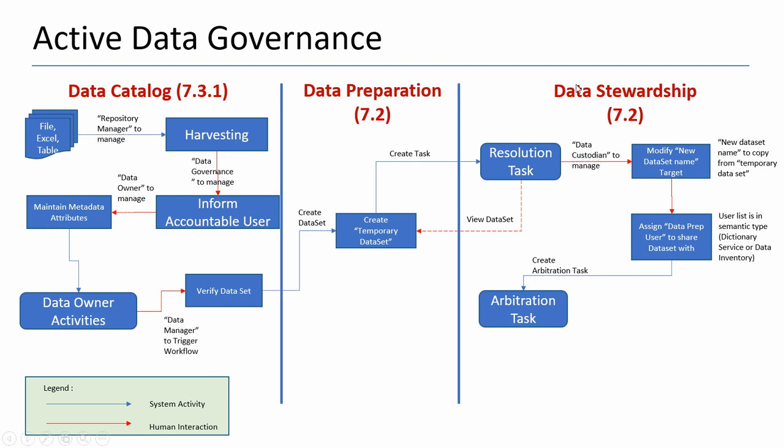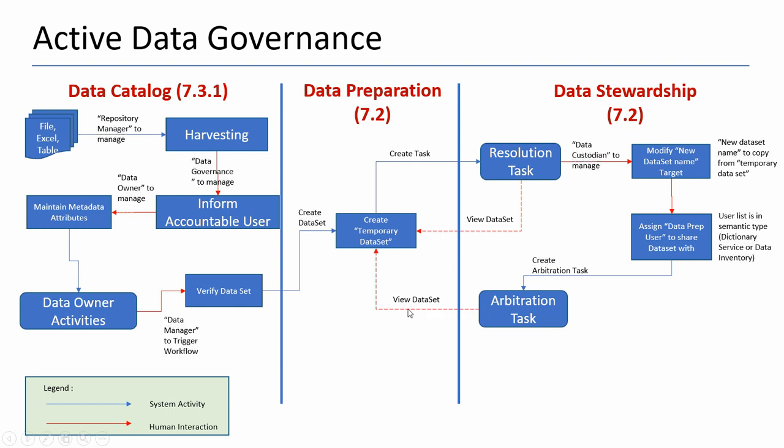So whatever fields we bring from the first verification dataset, plus these 2 additional fields, we will create an arbitration task. So the data custodian again can verify, okay, this is a new dataset, how many records are in this dataset, and these are the users that will be assigned to this dataset.